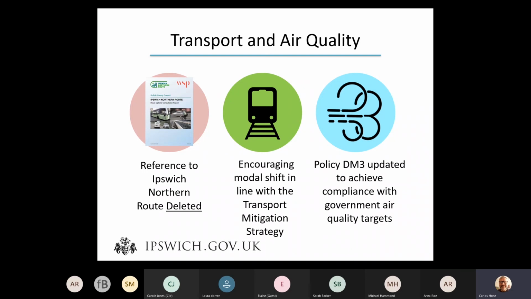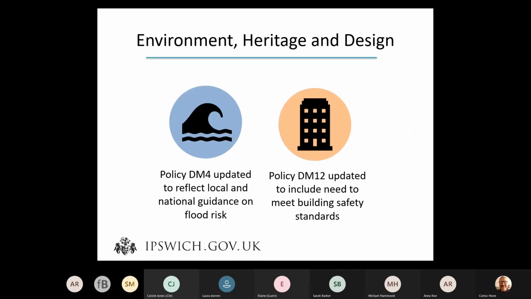Changes have also been made to the supporting text in policy DM3, which relates to air quality, to make it clear that the policy is working towards achieving compliance with government air quality targets on pollution. Environment, heritage and design.